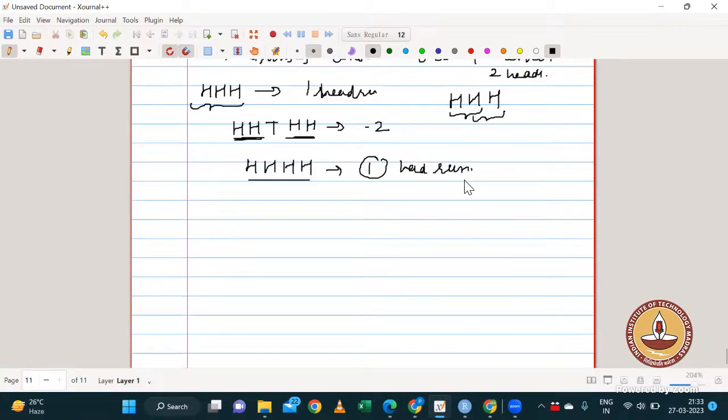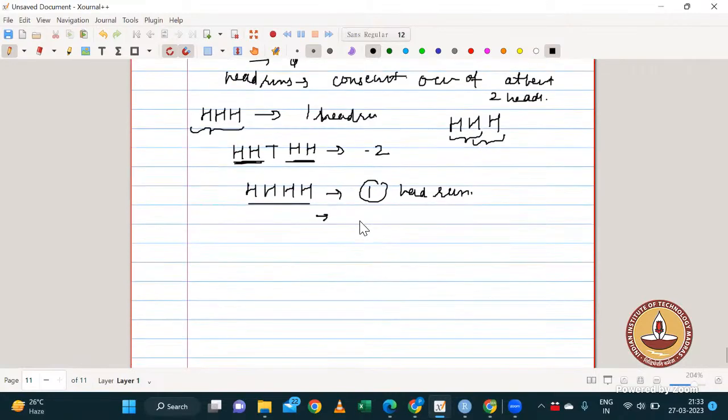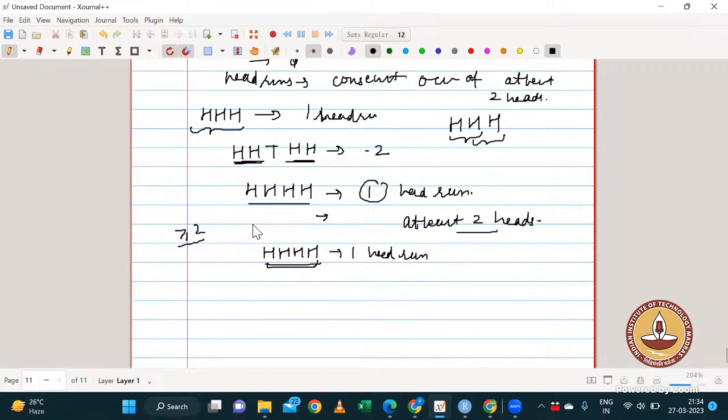What a head run says, consecutive occurrence means simultaneous occurrence of at least two heads. If there are at least two consecutive heads, I will consider it a single head run. If it is like this, you can't consider it two head runs. This is one head run, because there is a consecutive occurrence of at least two heads. At least two heads means greater than or equal to two.